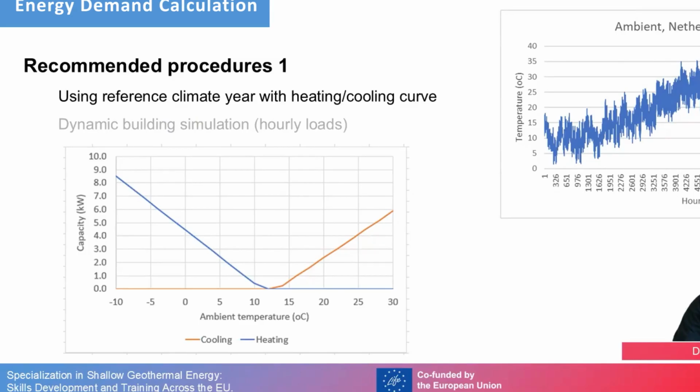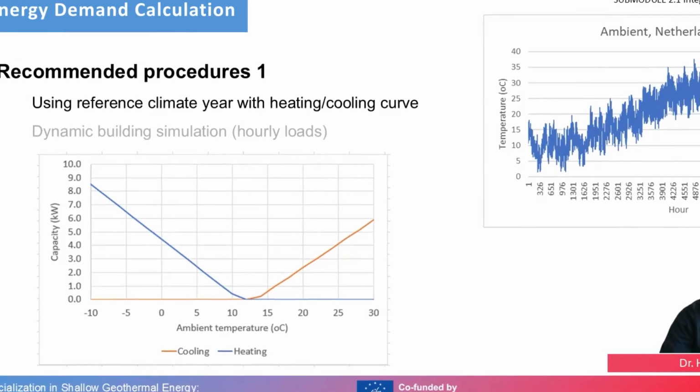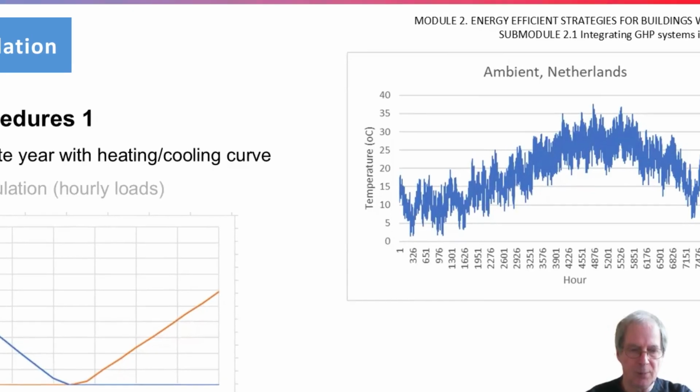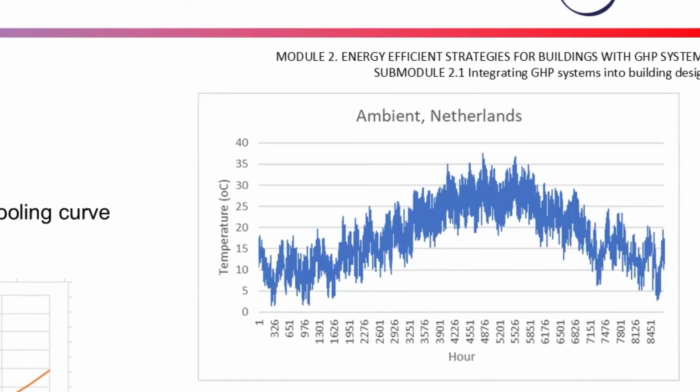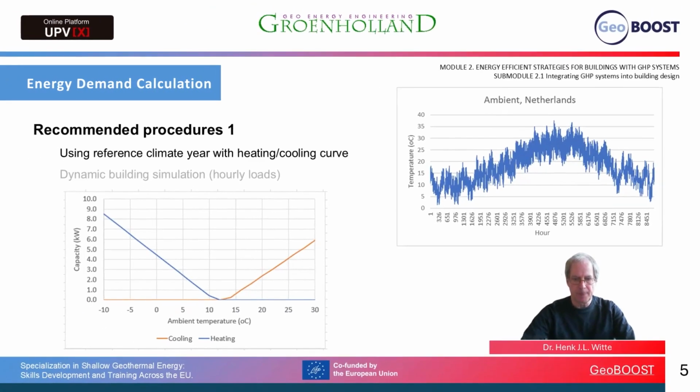So by taking a look at the ambient temperature for every hour of the year, matching it with the capacity requirement for that particular temperature, we can calculate the total energy demand over the complete year, taking into account part load conditions.